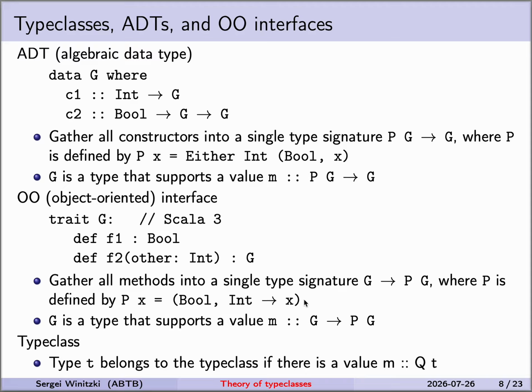But in case it is covariant, in case these methods do not take arguments of type G, but only return the type G, then it's going to be co-algebraic. So this is the connection between type classes and algebraic data types and object-oriented interfaces.